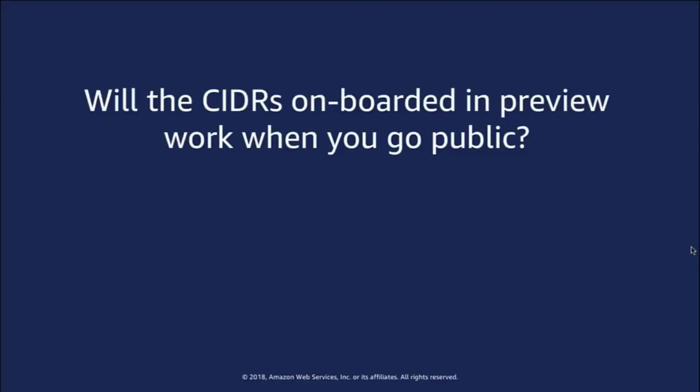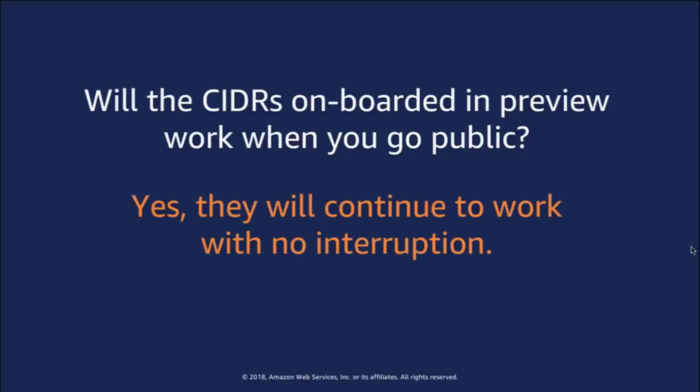Now, the last question I have is, will the CIDRs that I've onboarded in preview, I know we had a public preview for Bring Your Own IP, when we go public or GA, will those CIDRs be available? Yeah, those CIDRs will just continue to work with no interruption. They would work like any other CIDR that was brought through the public features.